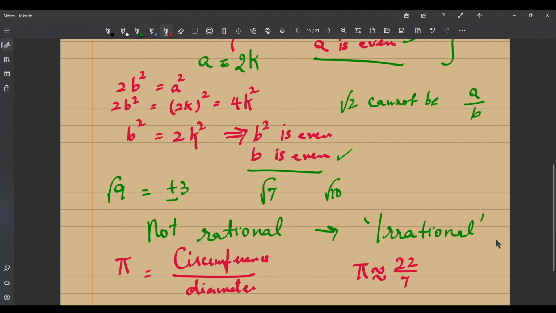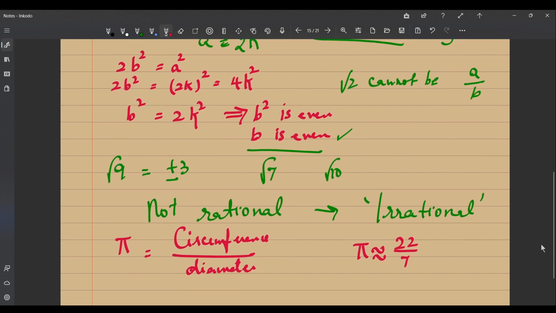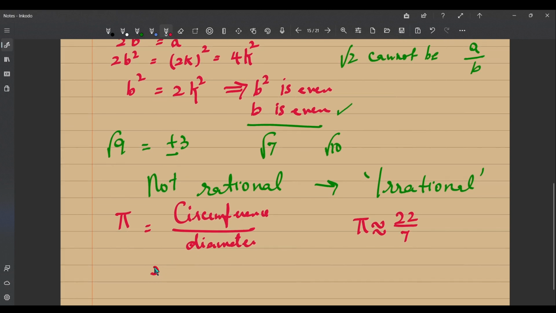And of course there are more numbers which are irrational. One is, for example, e, which you would be learning about later. It's a constant used for exponential growth. We will study all these later, but this is just to tell you that there are numbers which are irrational. There are many irrational numbers, just like there are many rational numbers.